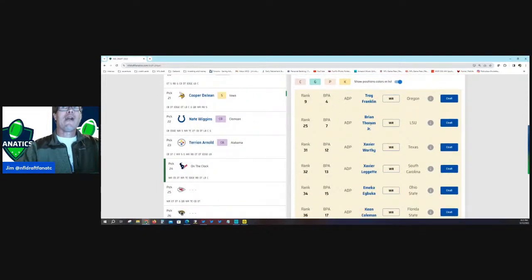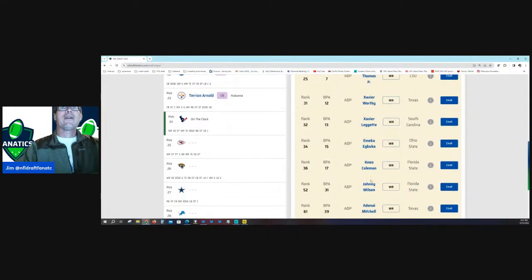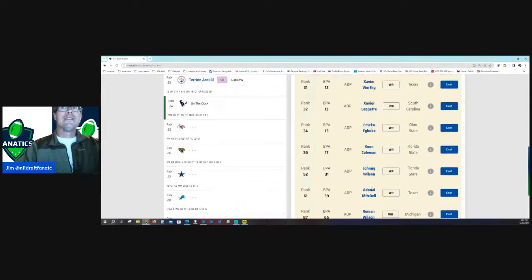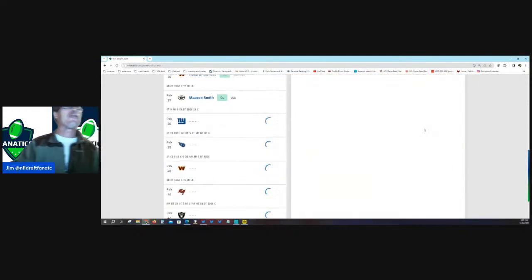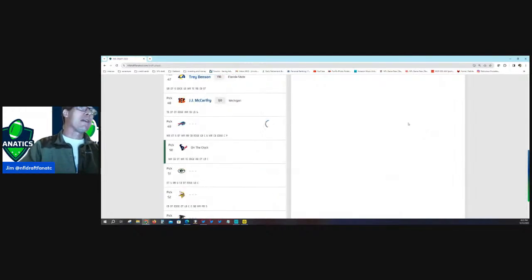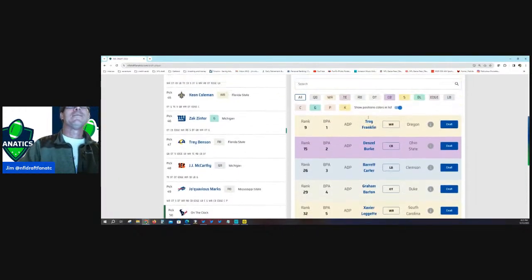So I've already taken Franklin, Thomas, Ihmir, Egbuka, and Coleman, and Wilson should all be higher. So Wilson, notice he's 52 on the draft card. I'm picking him in the first round, and then I'm still working on running backs in the second round.